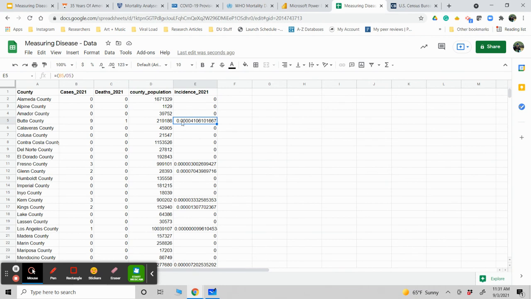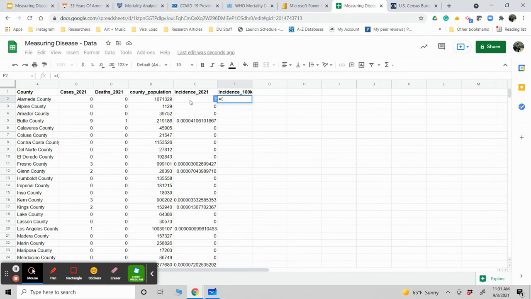Now remember, I can multiply this by 100,000 to get a nicer, rounder number. So let's do that. I want to calculate incidence per 100,000. So it's just a matter of creating an equation, equals, and then a parenthesis.